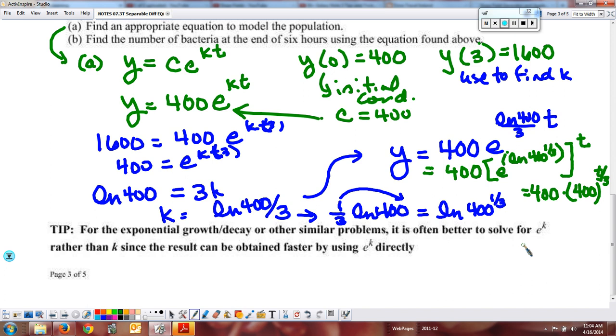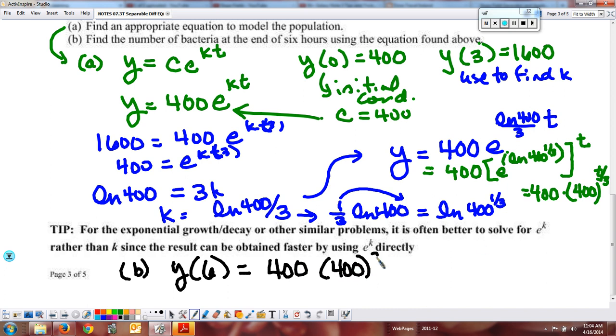Okay. Part B up here, just to finish this problem out, you want to find the number of bacteria at the end of 6 hours, so I pretty much just need to find y of 6. Using this model or that model, it's not going to matter. It's going to be 400 times 400 to the 6 over 3 squared, which is 400 cubed. Type it in your calculator and get your answer. So that will tell you the number of bacteria.